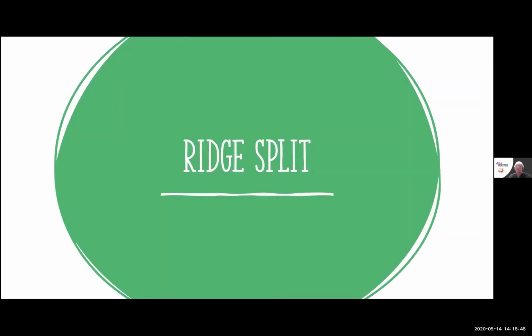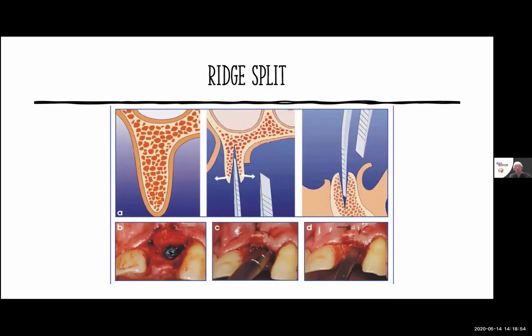Another technique that can be used to get some advanced bone grafting is a ridge split. Ridge splitting is used to literally divide the existing ridge that is present and cause that ridge to move, mainly to the buccal.